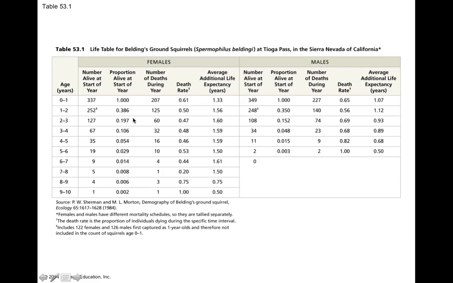So a couple things we can glean from looking at this particular life table. One is that males don't live as long as females. Males all have died out by the age of 6. Females can live as long as 10 years.